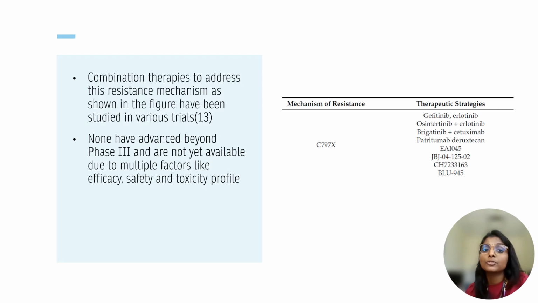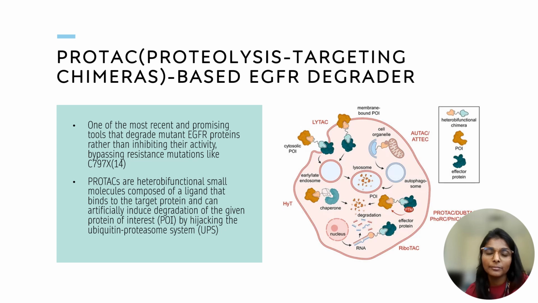Combination therapies to address this resistance are shown in this figure, and they have been studied in various trials. However, none have advanced beyond the phase 3 clinical studies and are not yet available due to multiple factors like efficacy and safety profile. This is where the PROTAC-based EGFR degrader enters the picture.